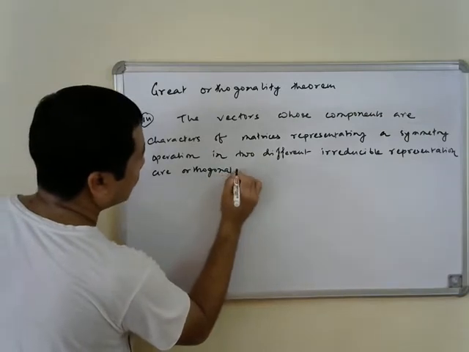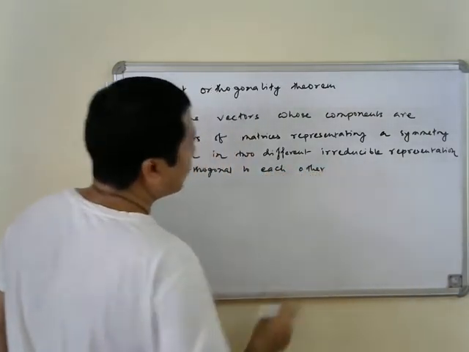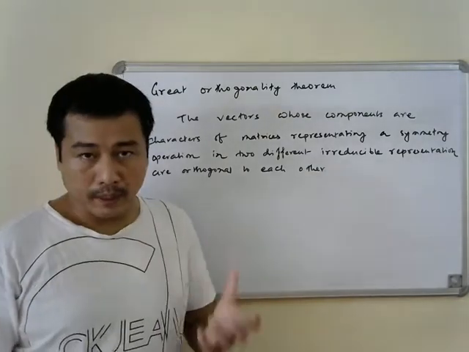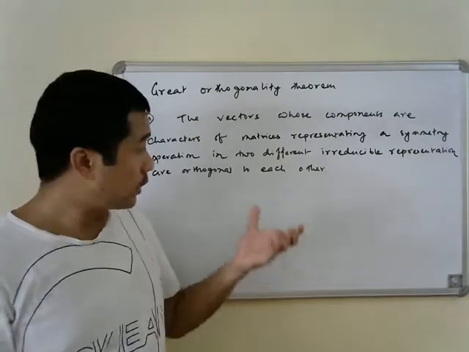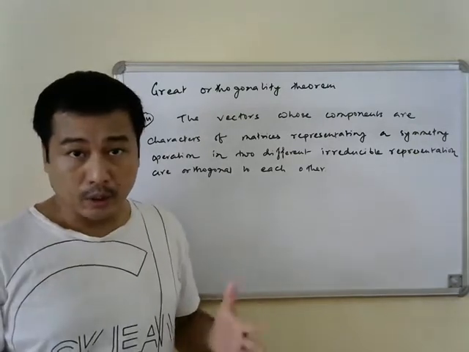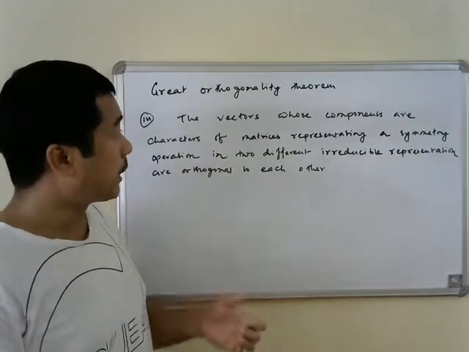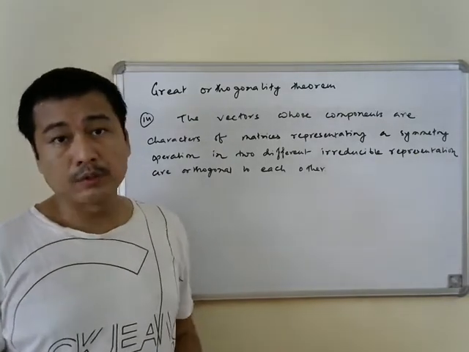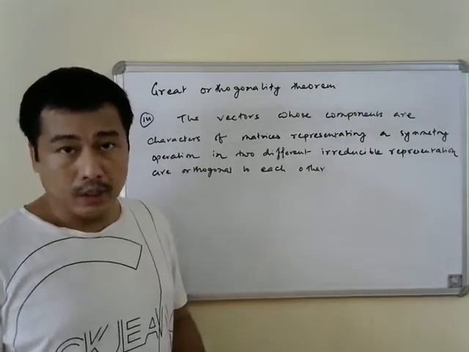Orthogonal to each other. So these characters of the matrices representing different symmetry operations within an irreducible representation are components of actually vectors, or one can express vectors by using the characters of the matrices representing different symmetry operations within a given irreducible representation.